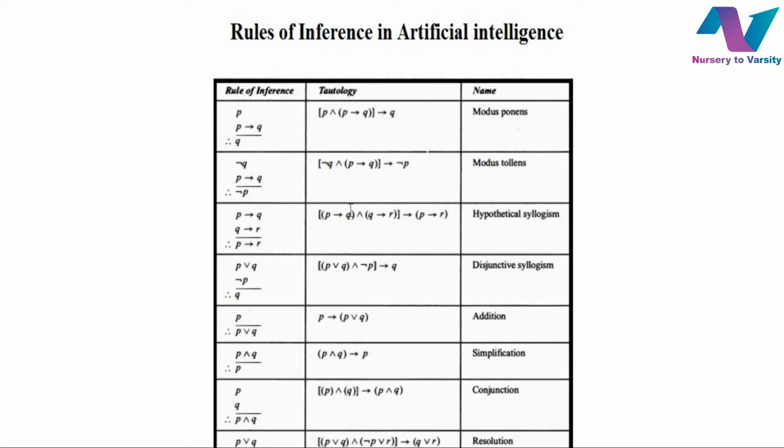From this table, the statements or variables given above the line are called premises. These are the premises, and this symbol is called therefore. So this is our first rule, modus ponens. This is the tautology form and the name is modus ponens.